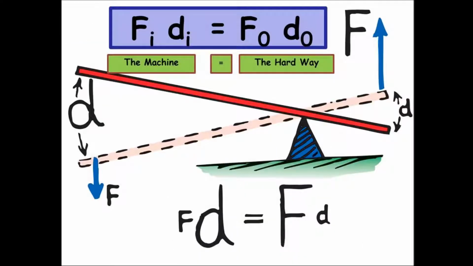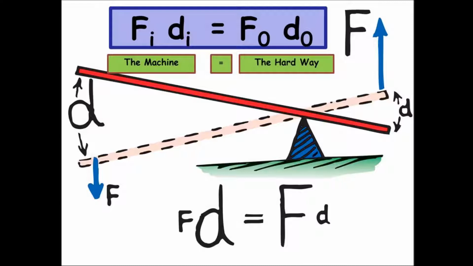Here I have a lever, and it's the same as any other simple machine. I see a D on the left and a D on the right. The D on the right is DO. The D on the left is going to be DI. I want to emphasize the large D on the left, small f, small d on the right, large f.